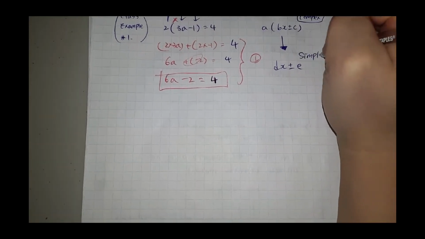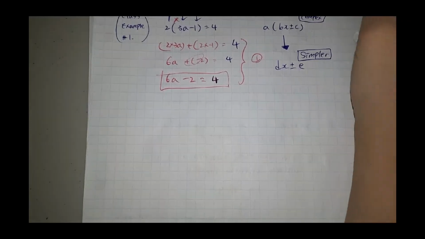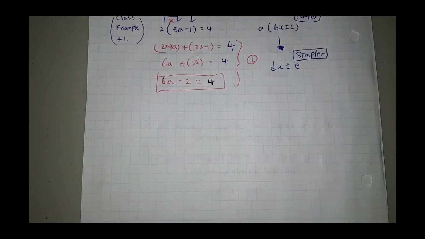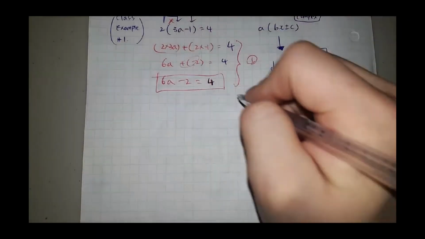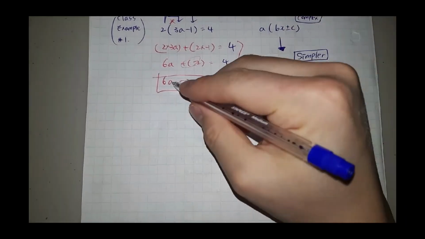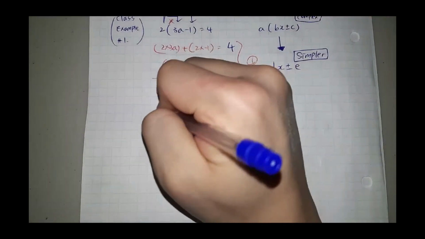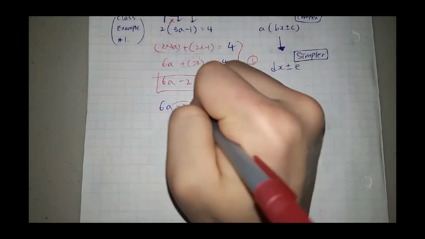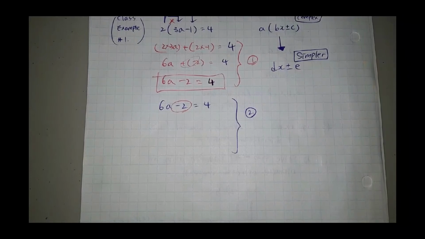What you see at the bottom is the simpler form, because instead of 3 terms, you have 2 terms. Once you did that, your second step is solving the two-step equation. 6a minus 2 is equal to 4. I have to get rid of that subtracted 2.